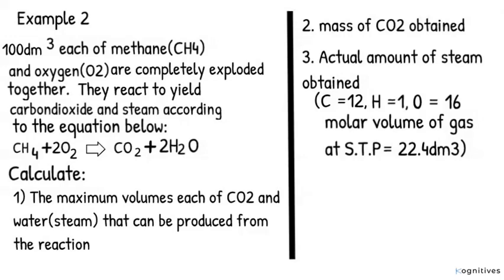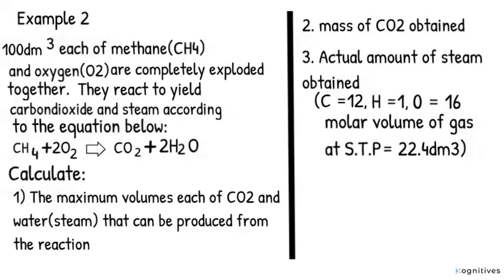Solution. First, we were asked to calculate the maximum volume each of CO2 and steam produced. Now this question, actually we have to think something about this question. Observing the question on your screen, you will notice that we were given equal volumes or amounts of the reactant.